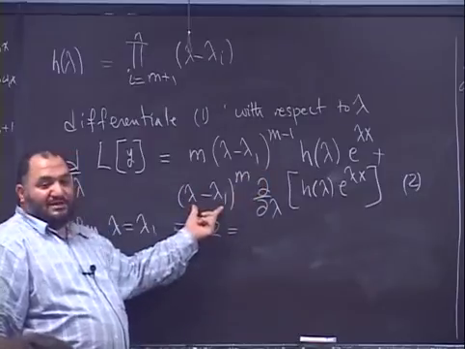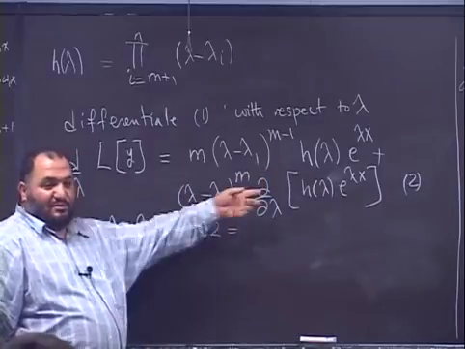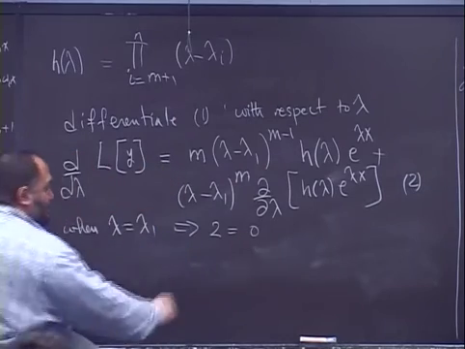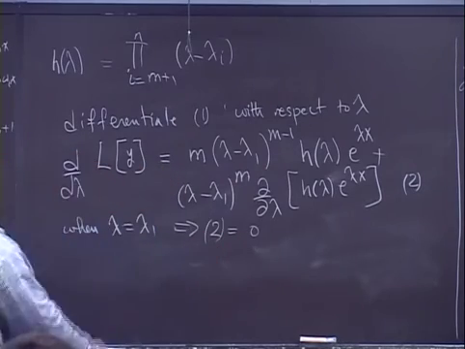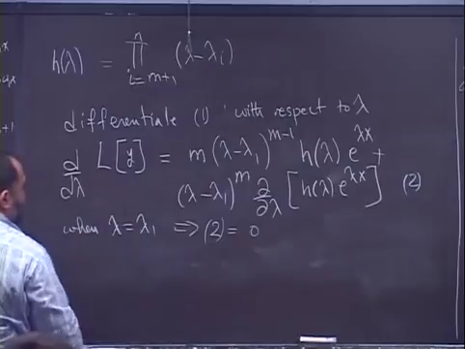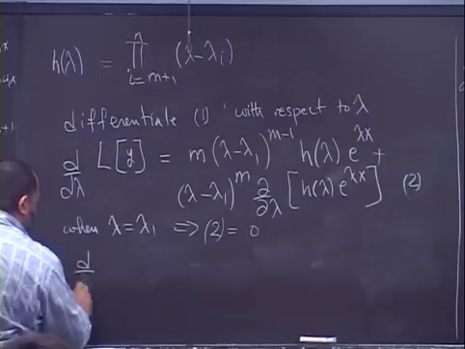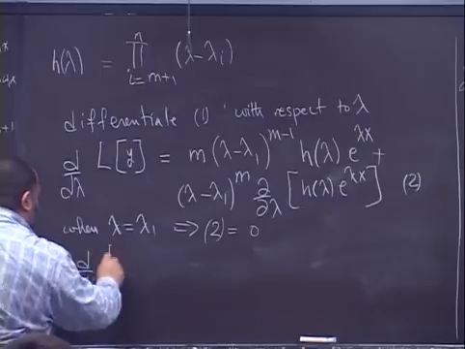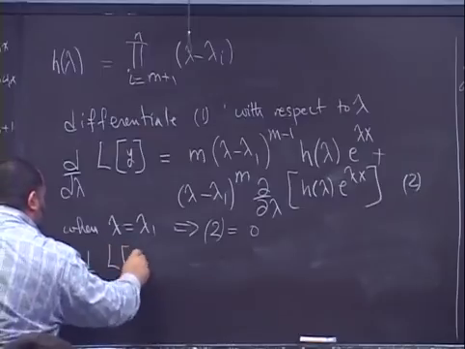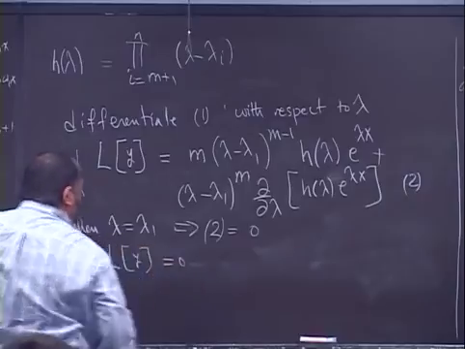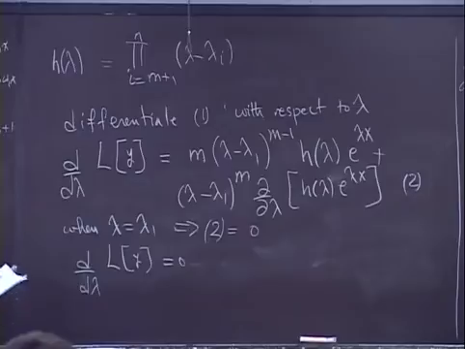And lambda 1 minus lambda 1 is 0, multiplied by anything is 0. So this is equal to 0. This means that d by d lambda of our differential equation L of y is equal to 0.